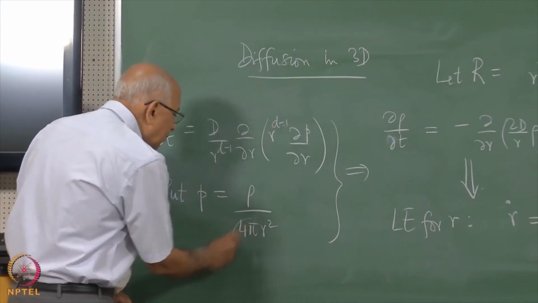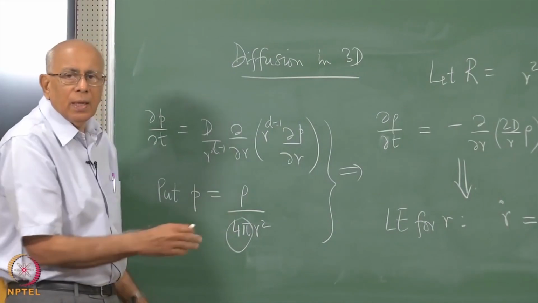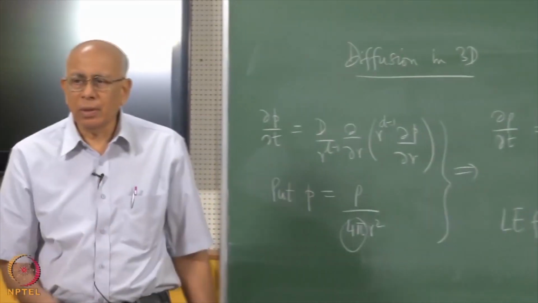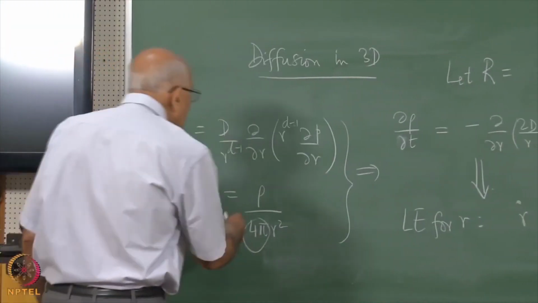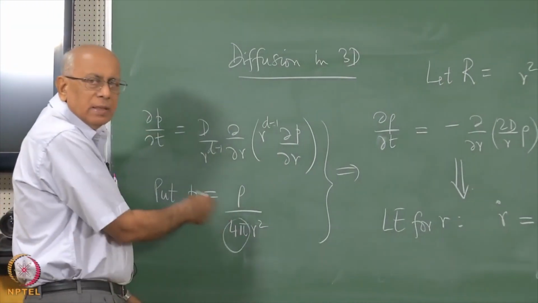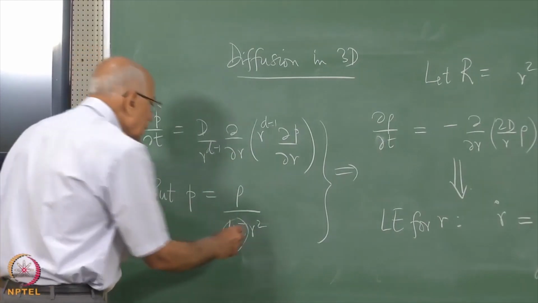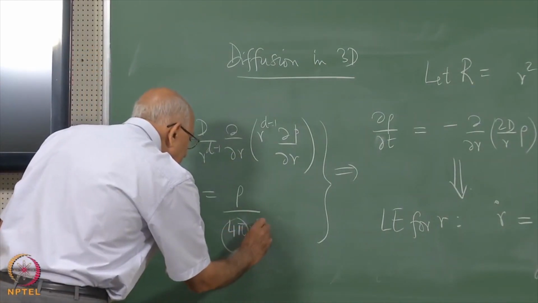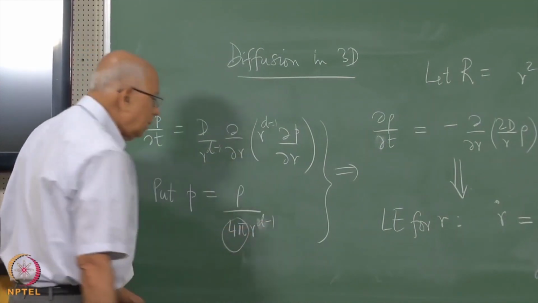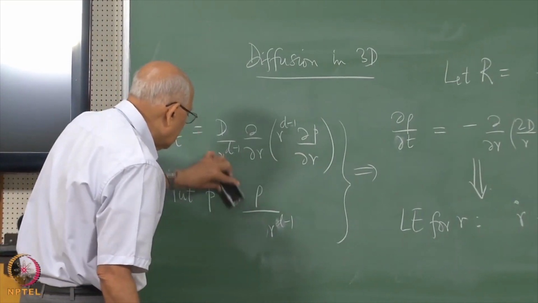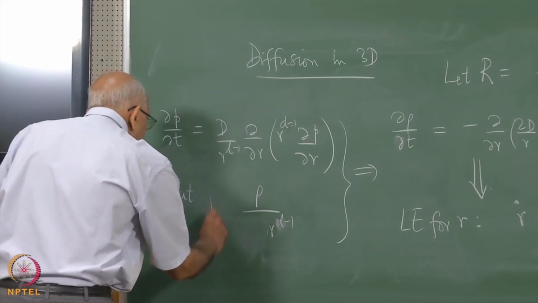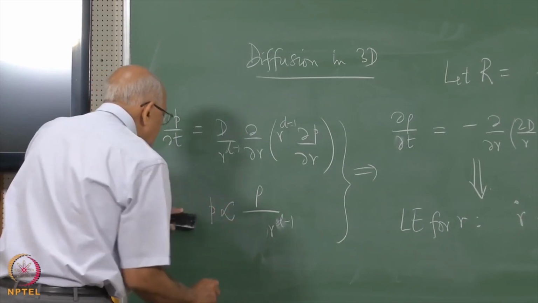This factor 4 pi will change, it is the surface of the unit sphere or whatever it is in d dimensions. So this will be some dimension dependent factor, but it is irrelevant for our purposes here. This fellow however becomes d minus 1 out here times a constant. So let us write p as proportional to this guy.